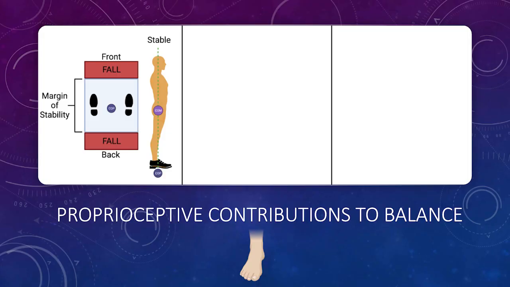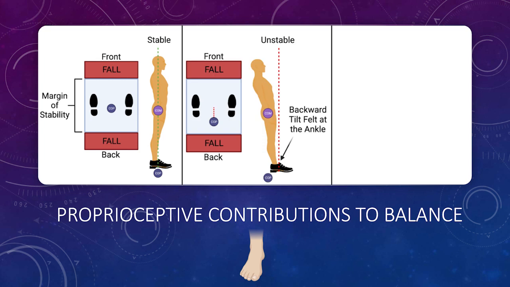An example of how proprioception contributes to balance will be given here. We first have a person standing in a stable manner on a flat surface. Their center of mass is over their base of support, which makes this posture stable, and there is no stretching happening at the ankle right now.